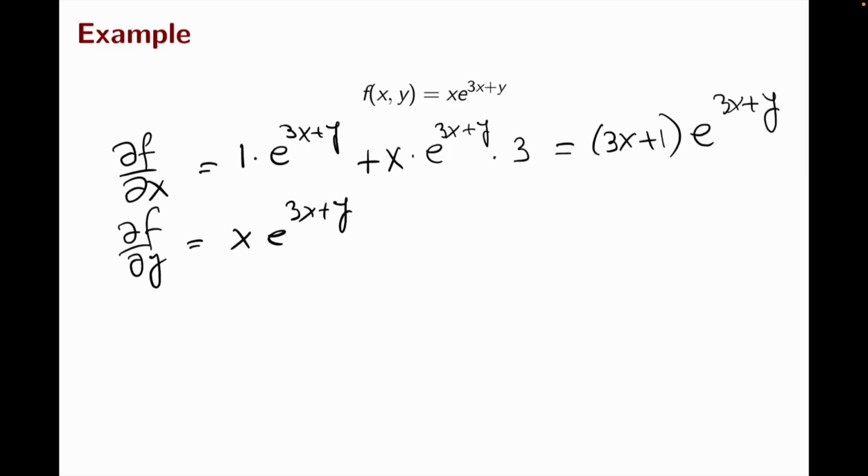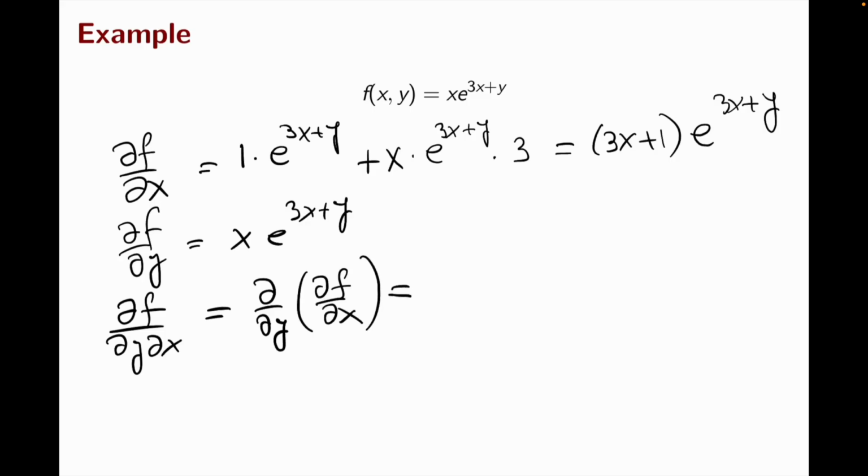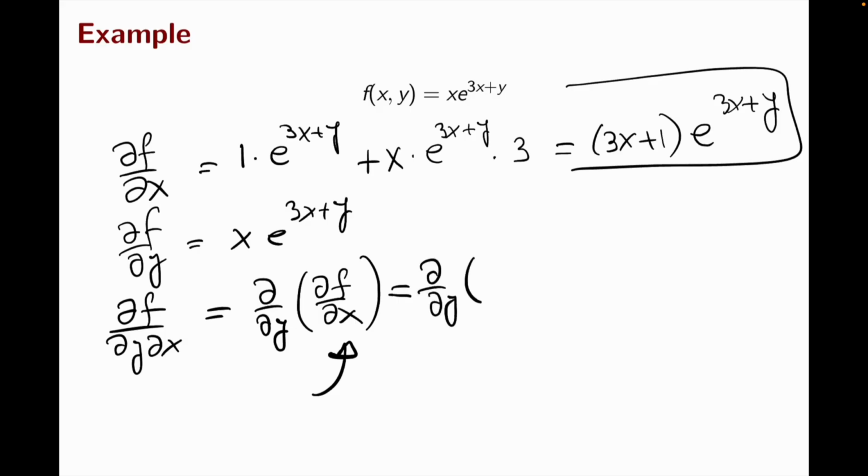Okay, so now we are going to do the derivative of f with respect to y with respect to x. This is equal to the derivative with respect to y of the derivative with respect to x. And it is important to recall the definition here, because this is the function that you have to look for. Where is it? Is this one, right? So this is the function that you have to differentiate with respect to y.